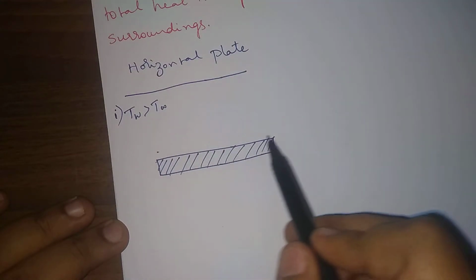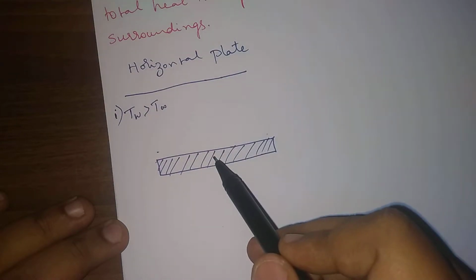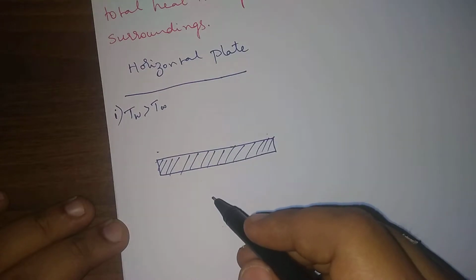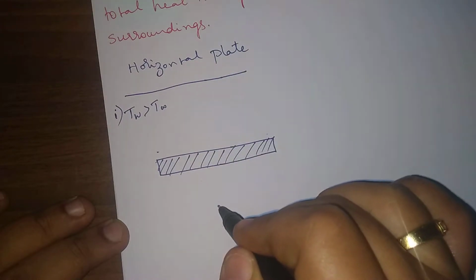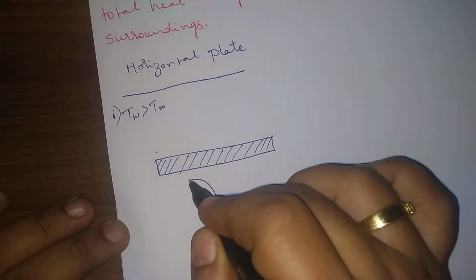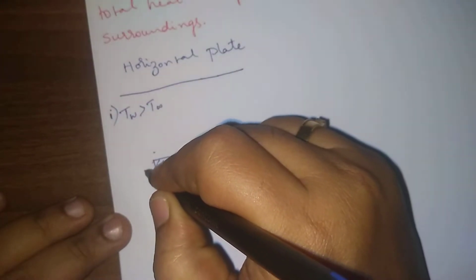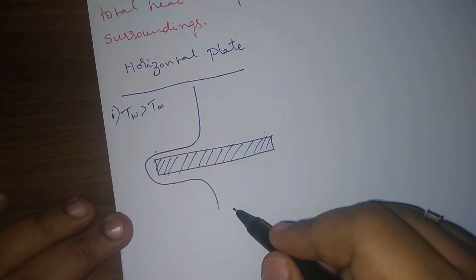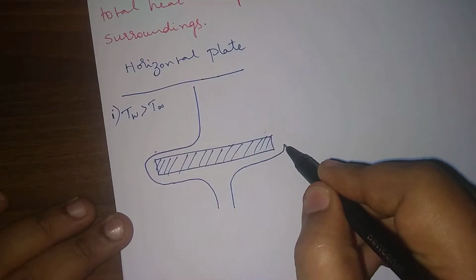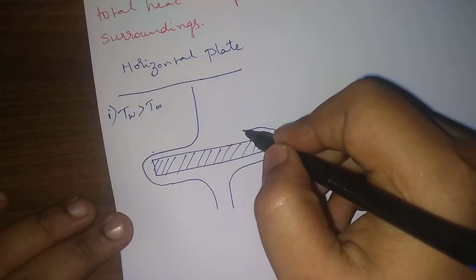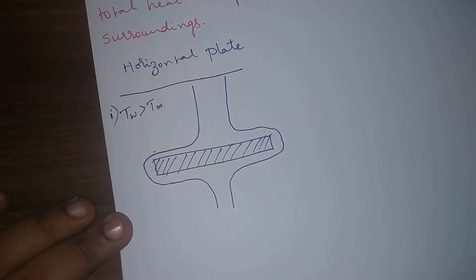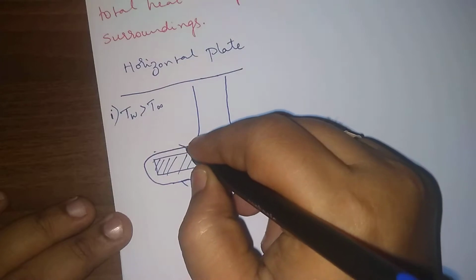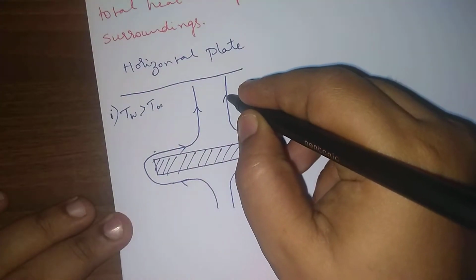That means h on top and bottom will be different, it will not be the same. As you can see, the convection current is going to be something like this, or the flow which takes place will be in this format. So the flow is going to be moving in this particular fashion.